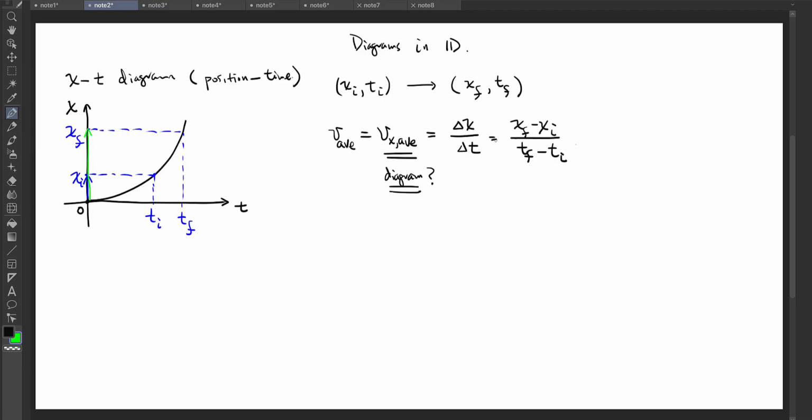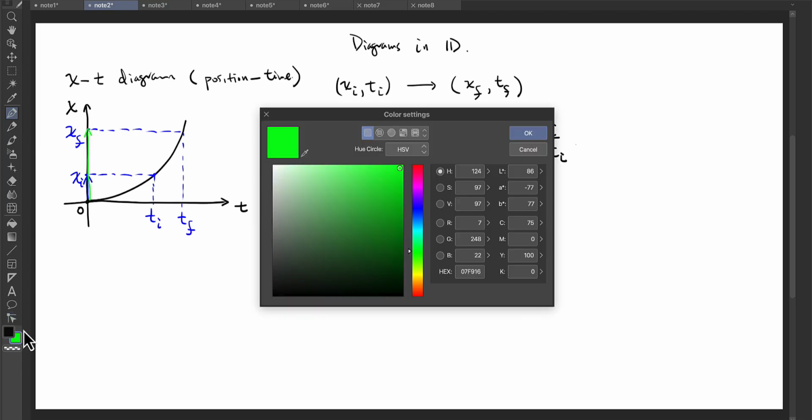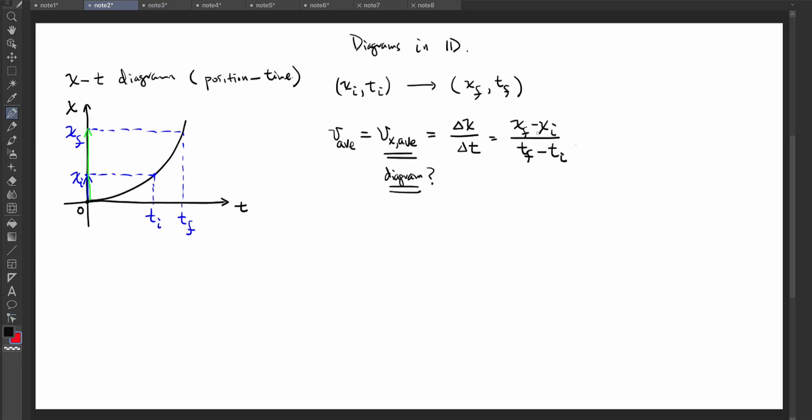But if I use the vector subtraction rule that we talked about, then we will draw an arrow starting from the second vector, which is xi, its head pointing toward the first vector in the subtraction, x final's head. So that is delta x vector. Now delta t is simply just a pure number, which is a scalar difference. And delta t is given by this length.